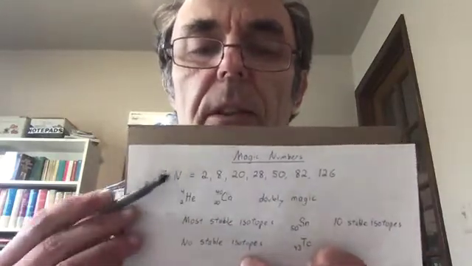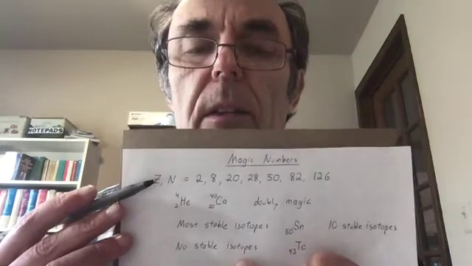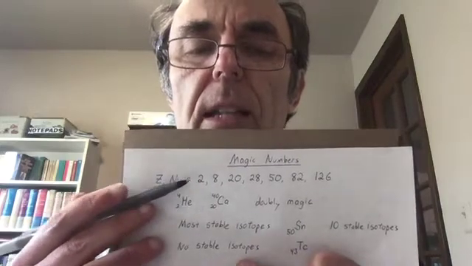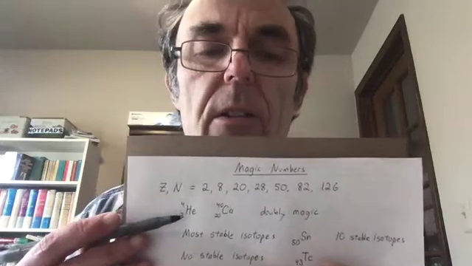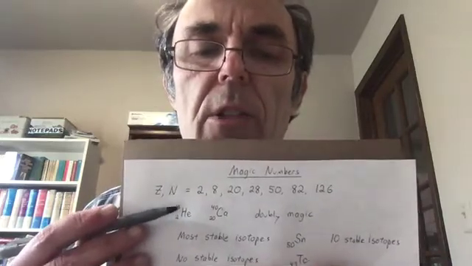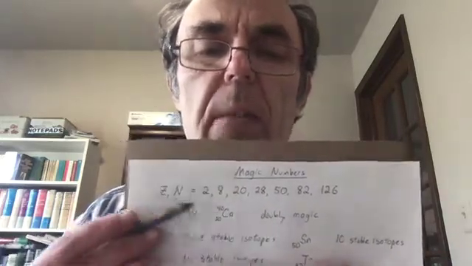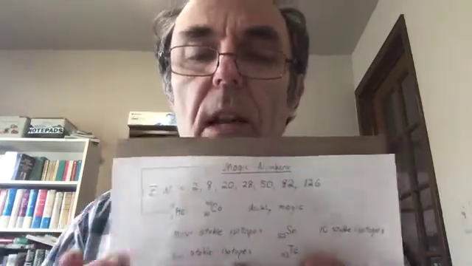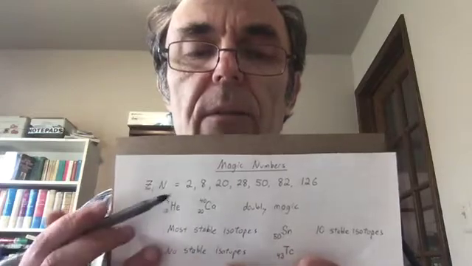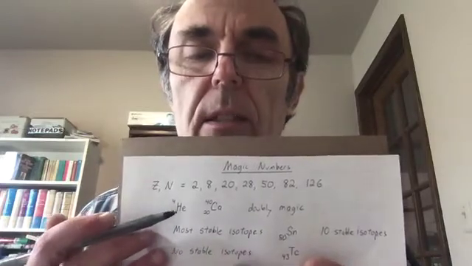So if a nucleus has either a number of protons or a number of neutrons equal to a magic number, it should be fairly stable. For instance, here's helium-4, 2 protons, 2 neutrons. It's doubly magic. Both its neutron and proton numbers are 2. So that means helium-4 is a particularly stable nucleus.